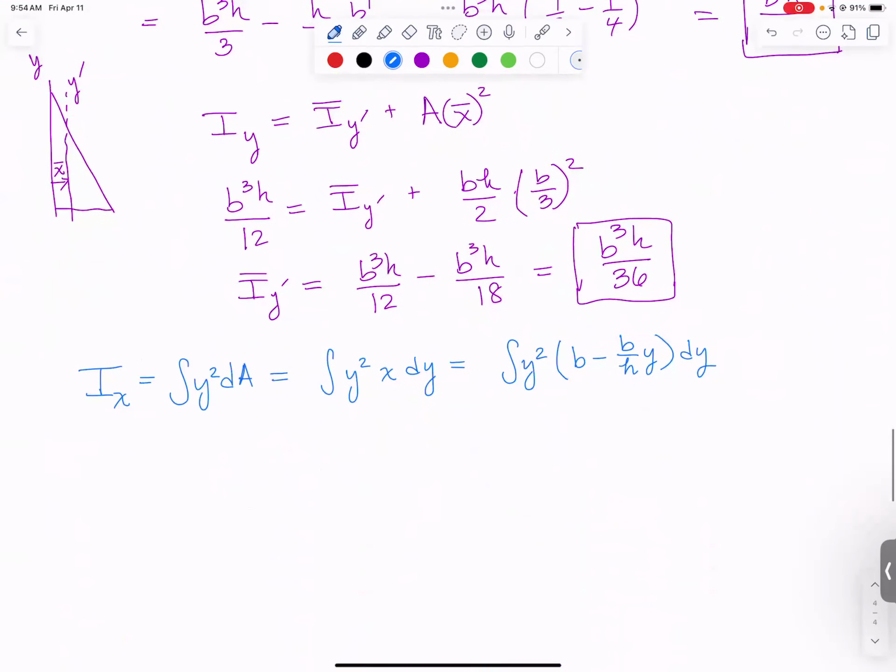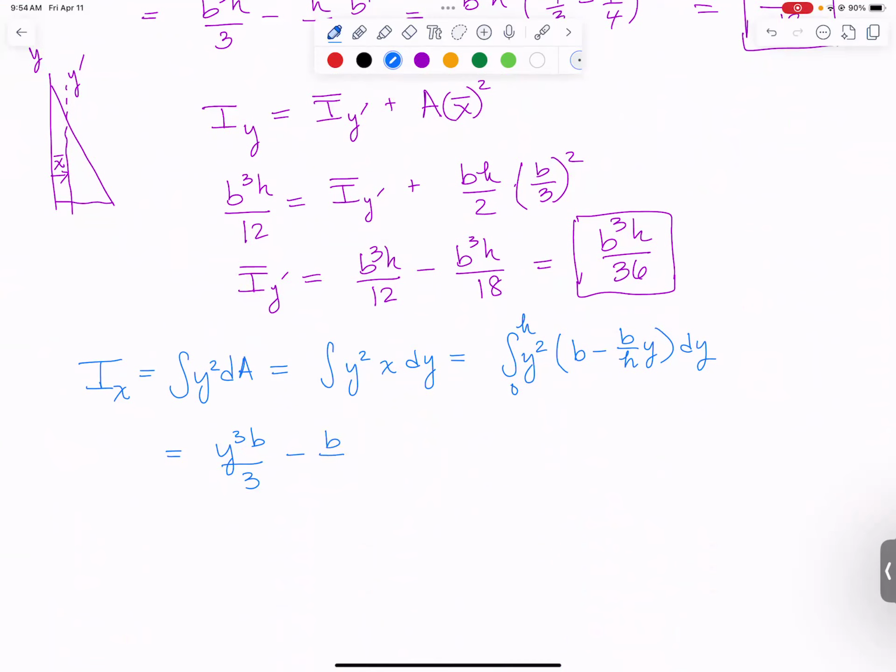So we're going from 0 to h this time. We end up with y cubed b over 3 minus b over h y to the 4th over 4, evaluated from 0 to h. So we're going to end up with h cubed b over 3 minus, when you simplify it, h cubed b over 4. So the answer is h cubed b over 12.